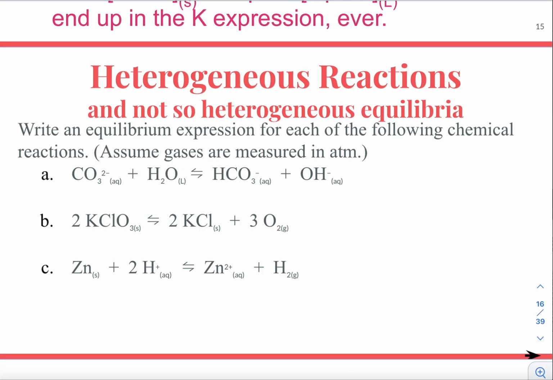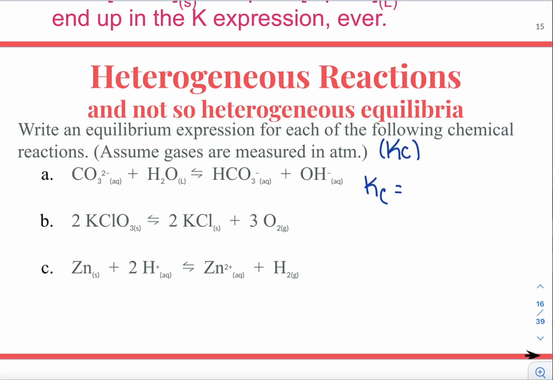So this just says write an equilibrium expression. So we're going to do Kc for all of them. Okay, so for A, we're going to take our products.